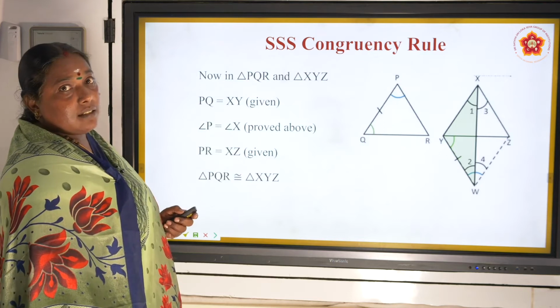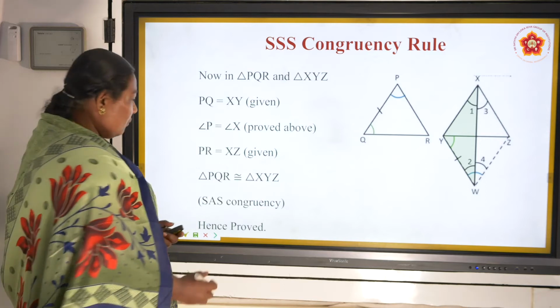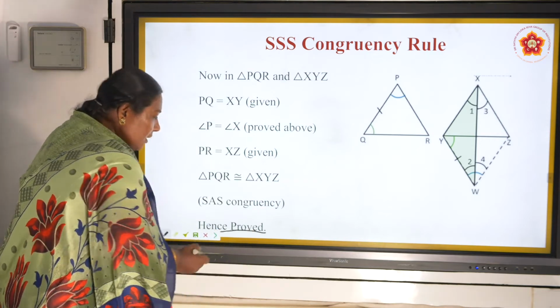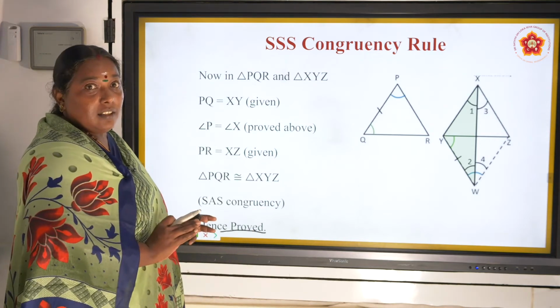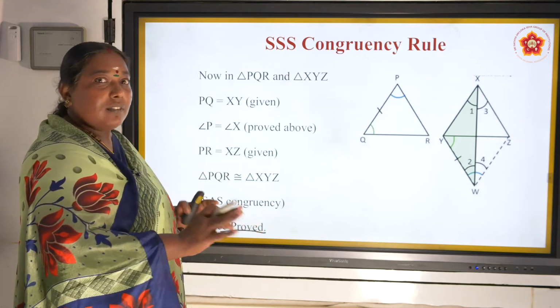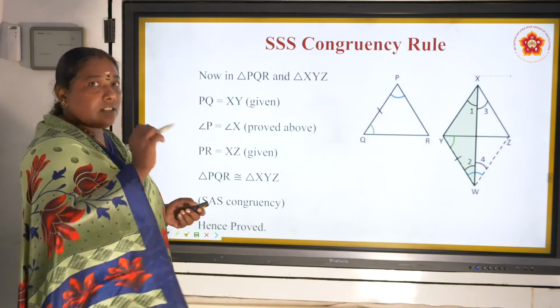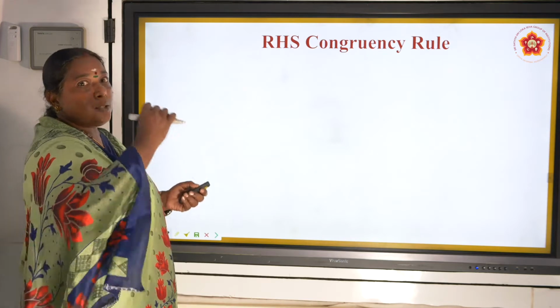That is how the triangle is congruent. This is the very, very happiest word to write. Really. Hence proved. When we reach that hence proved, we will think that. Is it right? So, let us see the next one. Next also theorem. We have to be hence proved.